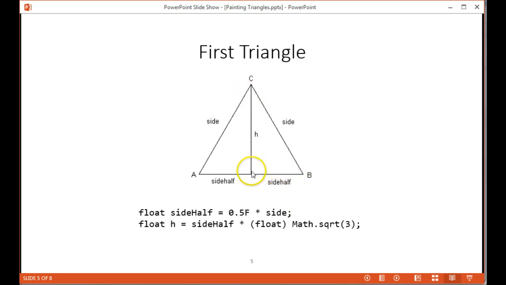Well, if we were looking at just one half here, this triangle right here, this should be familiar to most of you. Since a triangle has 180 degrees altogether, this big equilateral triangle is going to be 60, 60, 60, right?